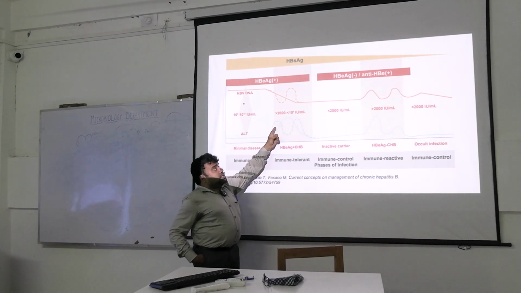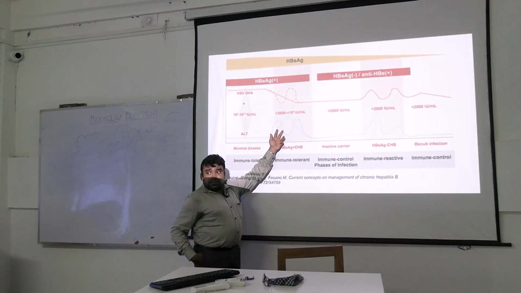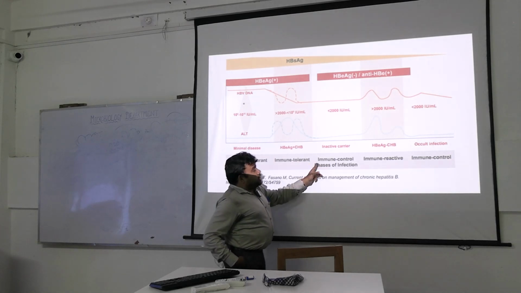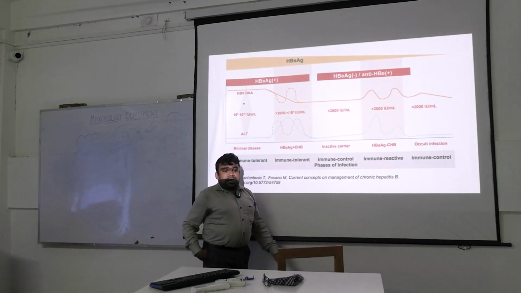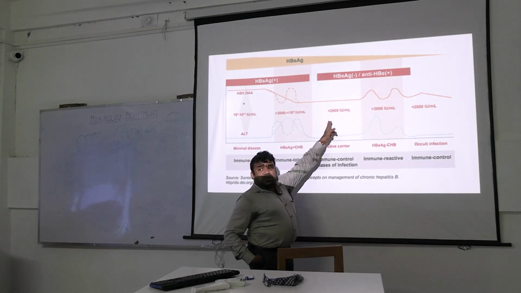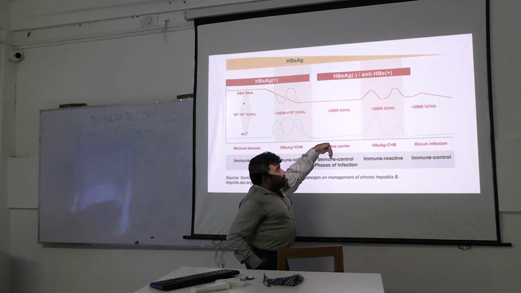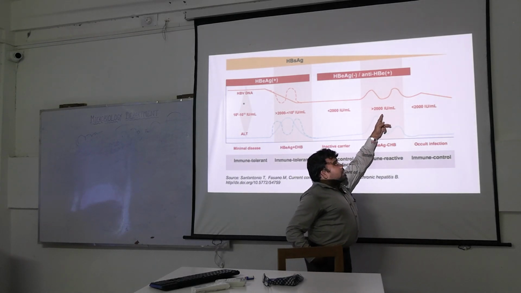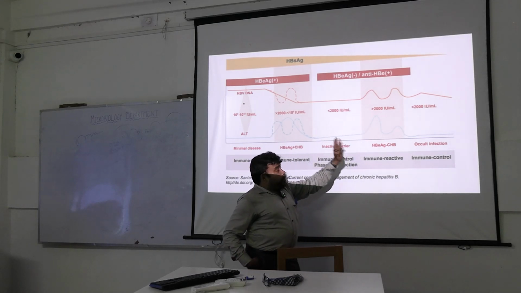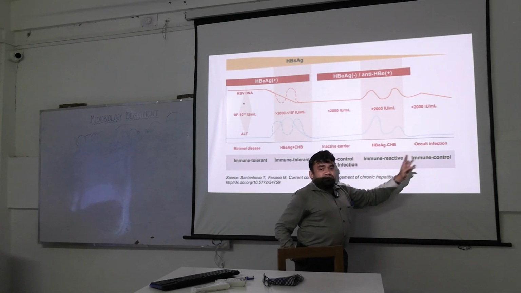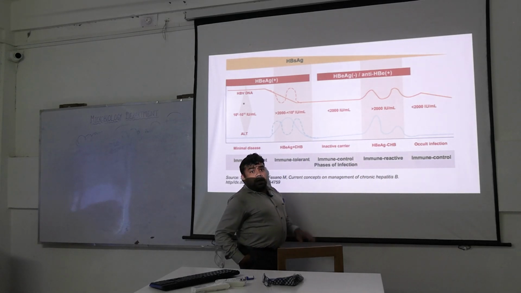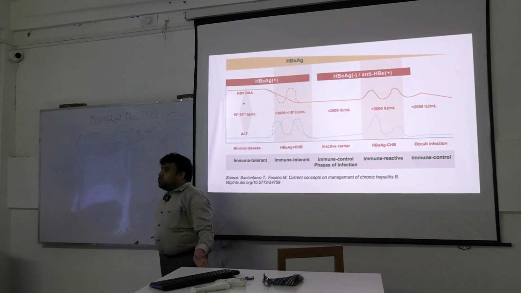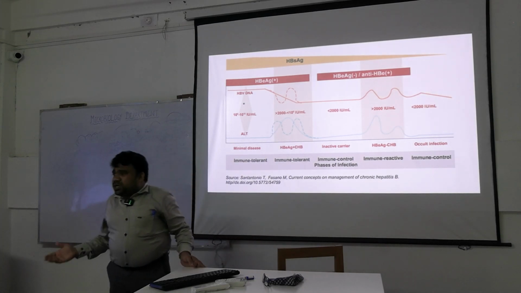The viral load is restricted in these 2 phases. Then we say it is an immune control phase. That means the viral load is less than 2000. After that, the viral load increases to more than 2000 units per ml, then we call it the immune reactive phase. If the patient is not able to control it, the viral load will gradually increase.